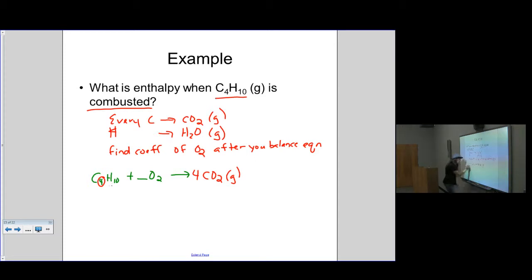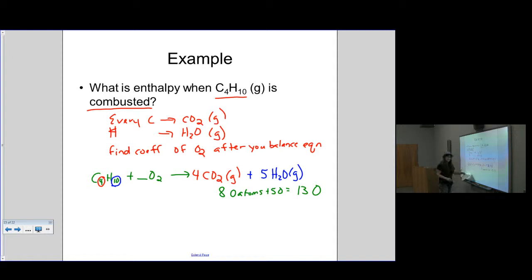And I have 10 hydrogens, so I'm going to form 5 H2O gas molecules. Then I add up on this side: I have 8 oxygen atoms here, and 5 more over there. So I have 13 oxygen atoms on the product side.